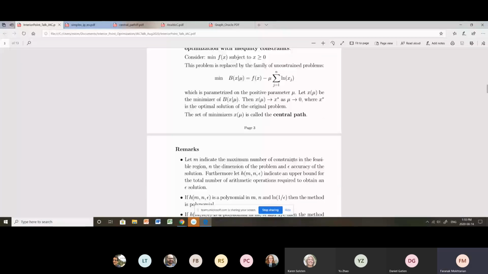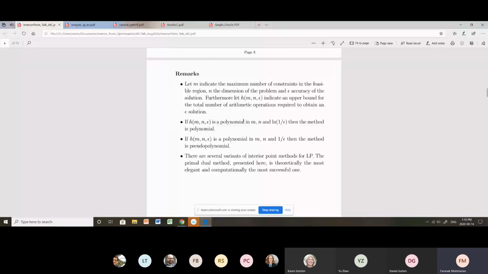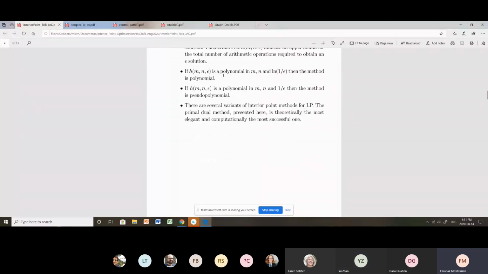I wanted to make some remarks because we talk about polynomial-time algorithms. Informally, if m is the number of constraints in our feasible region, n is the dimension of the problem, epsilon is the accuracy of the solution, and h of m, n, and epsilon is an upper bound on the number of arithmetic operations required to find an epsilon solution, then by polynomial time algorithm, we mean that this upper bound is a polynomial in m, n, and ln of 1 over epsilon.